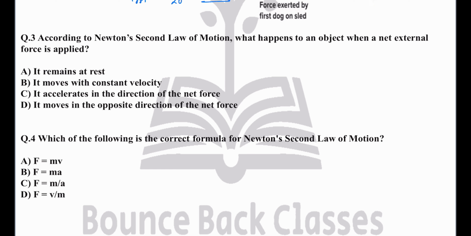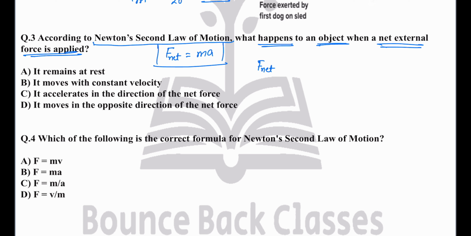What we are learning is Newton's second law. What is F net equals ma? That is Newton's second law. So what he is trying to ask us: according to Newton's second law, what happens to an object when a net external force is applied? If you apply a force, the body has acceleration.